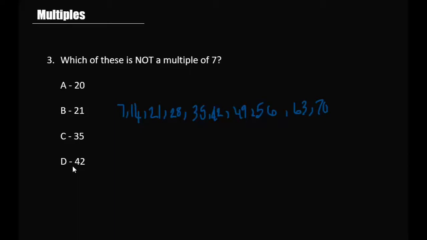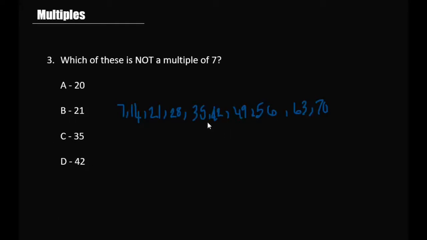We're going to start from 42, and we're just going to write a check mark, or cross it off, to see if it is a multiple or it isn't. So first, we're going to start off with 42.